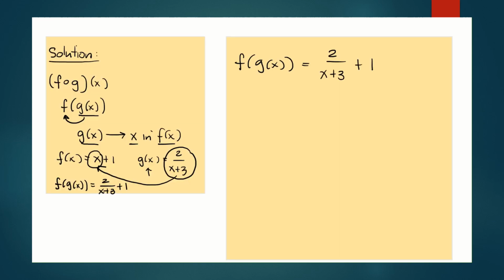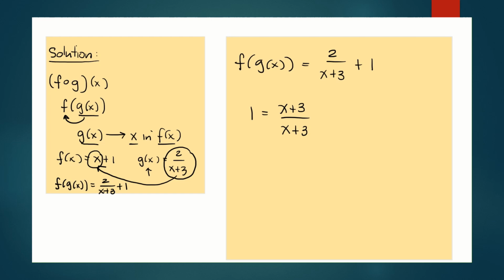To simplify 2 over x plus 3 plus 1, we have to combine them as a single fraction. So how can we easily combine this? When working with fractions, normally we have a fraction plus another fraction. But for a whole number like 1, we can rewrite 1 as x plus 3 over x plus 3, because x plus 3 divided by itself is 1.